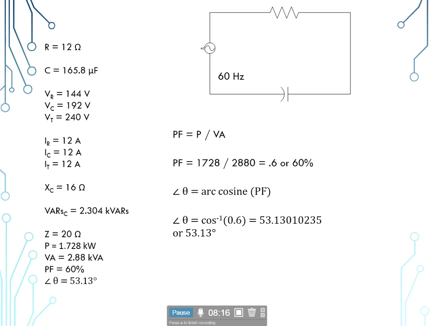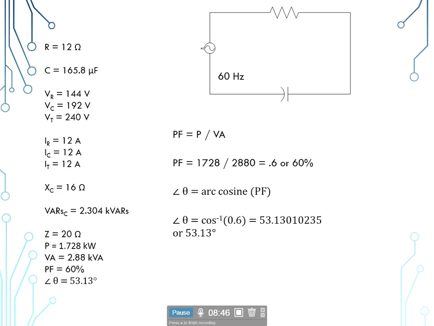So angle theta, cosine -1 of 0.6, would give us 53.13 degrees. Now we could really round that to 53 degrees because we're not circumnavigating the globe. If we were navigating the globe, we'd know degrees, minutes, and seconds. Here we just really need the degrees, but I went ahead and put it in as 53.13 degrees.